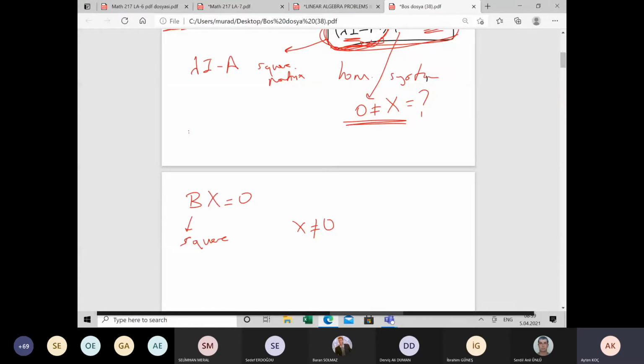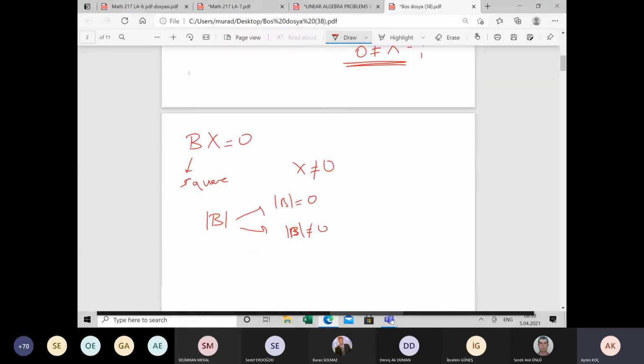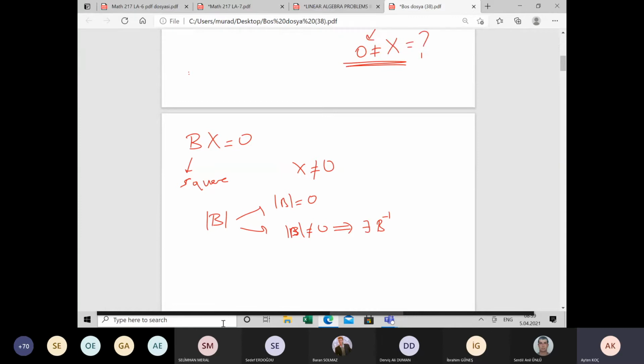Look at the coefficient matrix B and look at its determinant. Maybe this determinant is 0, maybe not 0. If not 0, what does it mean? It means there exists the inverse matrix. Our matrix is invertible.